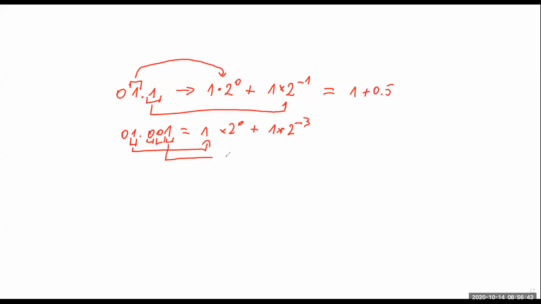This position refers to the minus 3 position. So it gives 1 plus 0.125. Okay, hope it's clear.